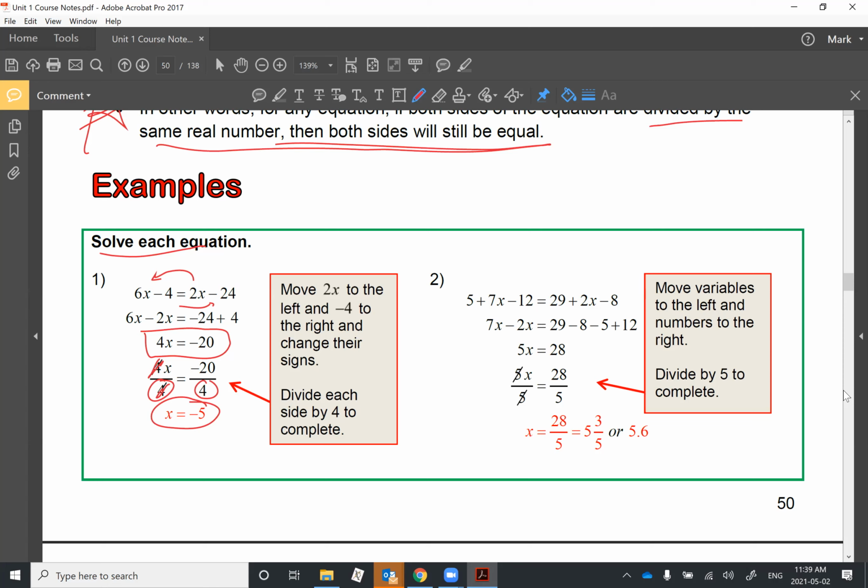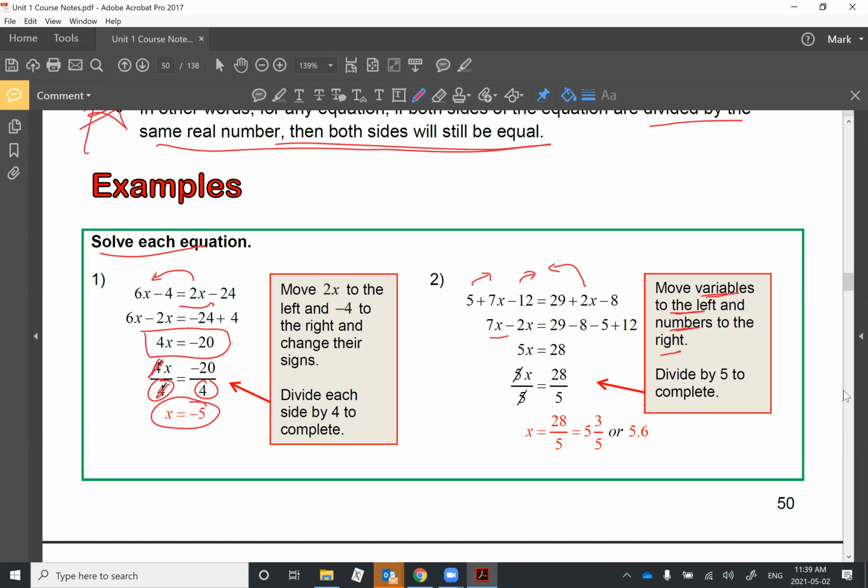Okay, let's look at number 2. So I'm going to move the 2x over, and I'm going to move the 5 and the negative 12 over. I want x's on one side, numbers on the other. So move the variables to the left and the numbers to the right. When you move them, the sign changes.